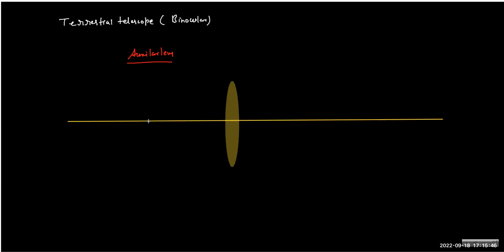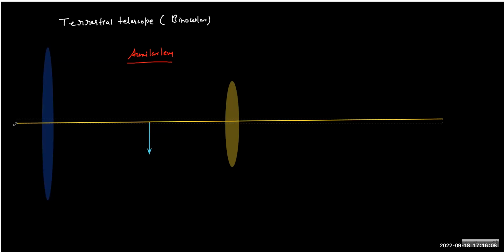And what it will do is, if you remember the first image we formed, something like this, the first image from the objective. Okay, you don't remember, huh? The first image by the objective was something like this, isn't it? So the parallel beam of light coming from the distant object.